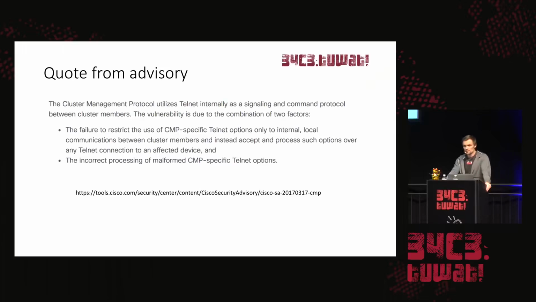This vulnerability is actually the result of 2 errors, a logic error and a binary error. The telnet options get parsed regardless of whether the switch is in cluster mode or not, and the incorrect processing of this cluster management protocol's options results in overflow.